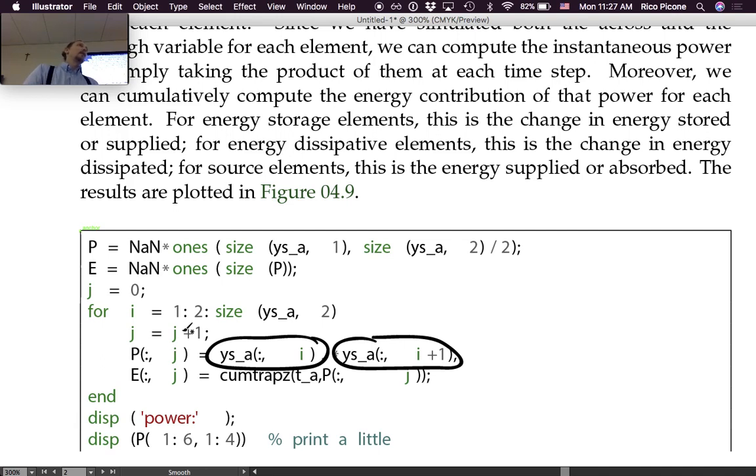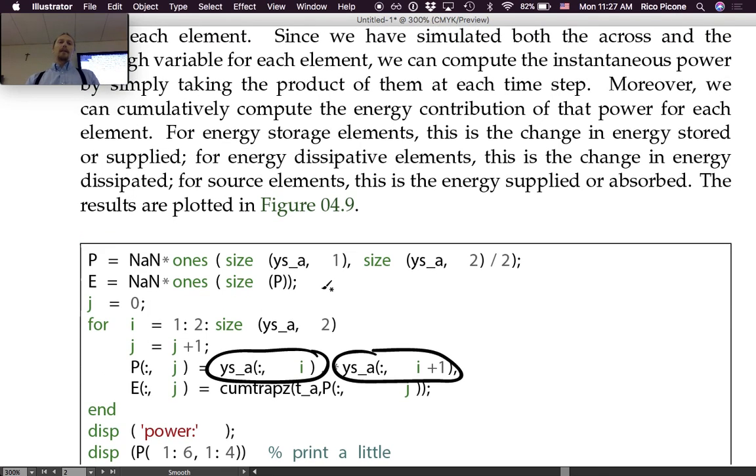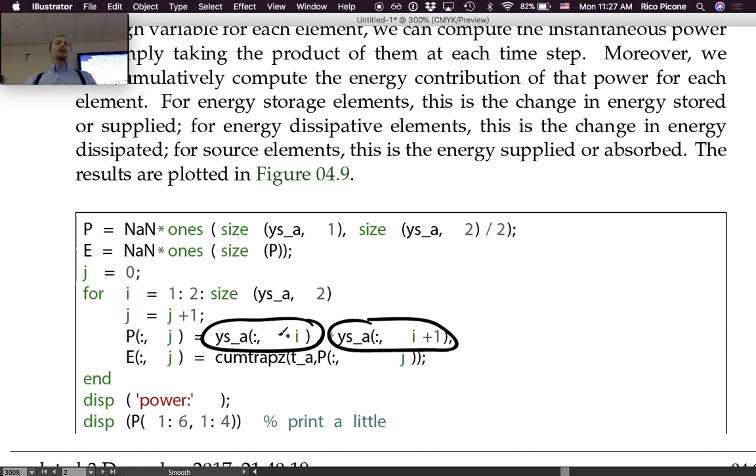So we're going to look at the power flowing in or out of each element. And then we're also going to look at the energy, cumulatively computing the energy contribution of that power for each element. We use this built-in MATLAB function, which is cumulative trapezoidal integration. You guys remember trapezoidal integration from calculus? That's what it's doing for you.